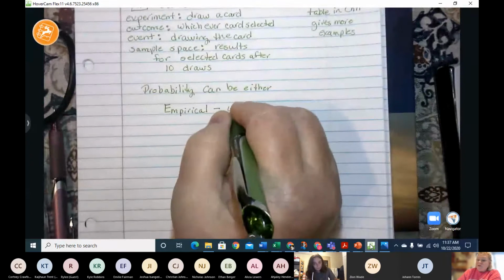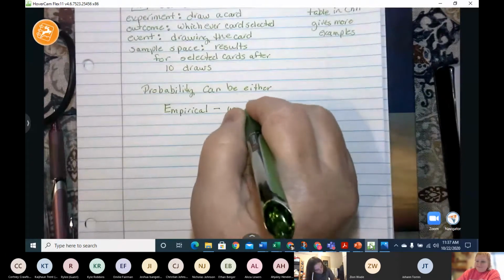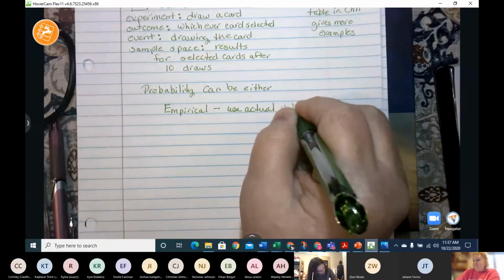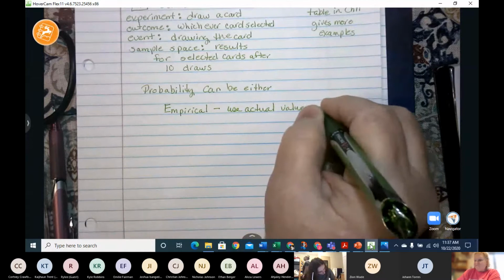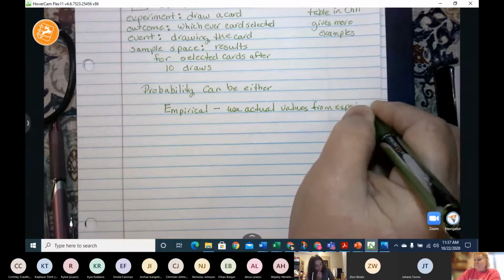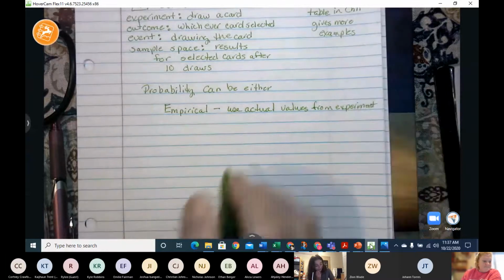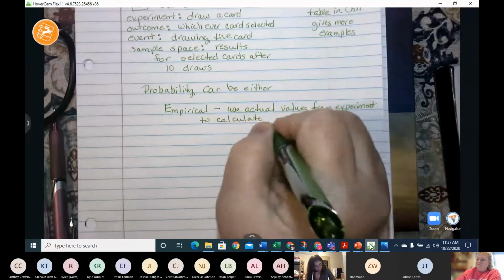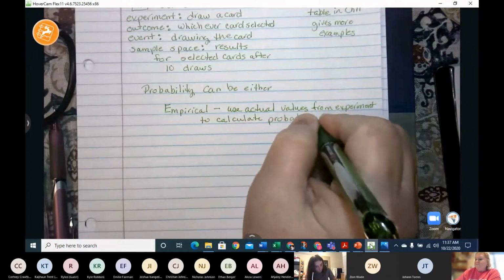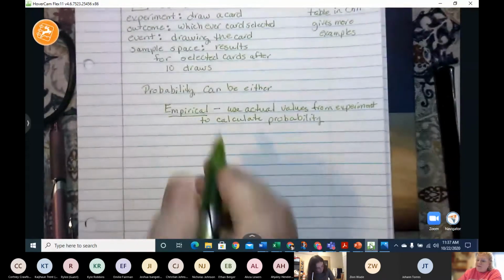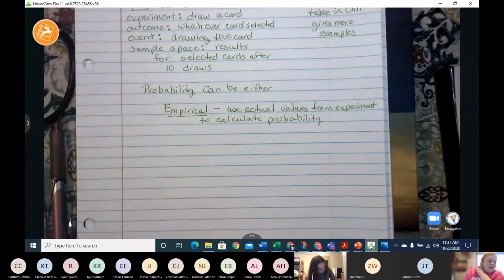This is where we use actual experimental data. So empirical probability means I'm going to use the actual values from an experiment to calculate the probability.